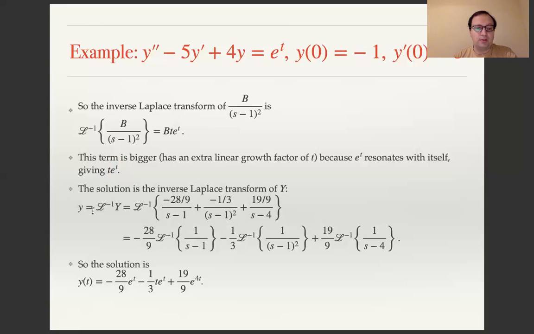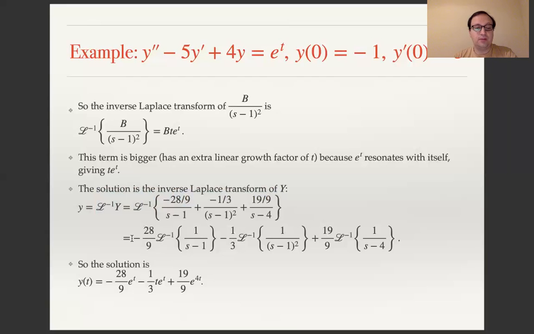So let's go back to the solution. So the solution, lowercase y, is the inverse Laplace transform of uppercase y. So it is the inverse Laplace transform of, and we computed the partial fraction decomposition of uppercase y, and we got minus 28 over 9 over s minus 1, plus minus 1/3 over s minus 1 squared, plus 19 over 9 over s minus 4.